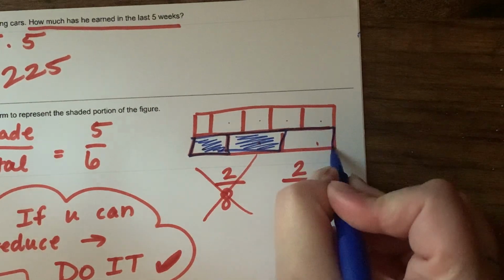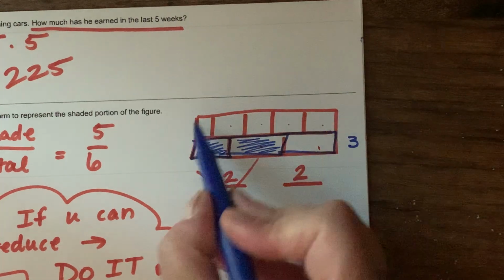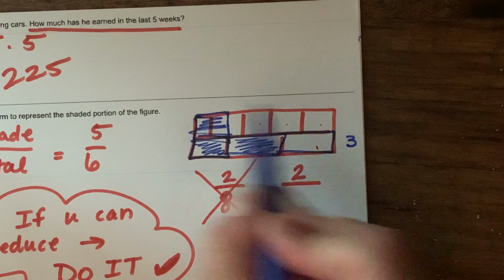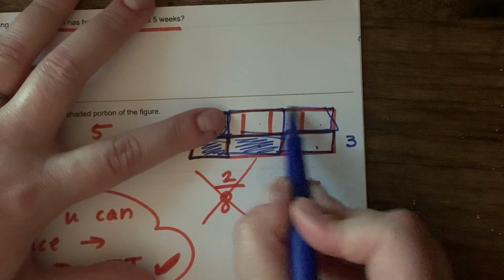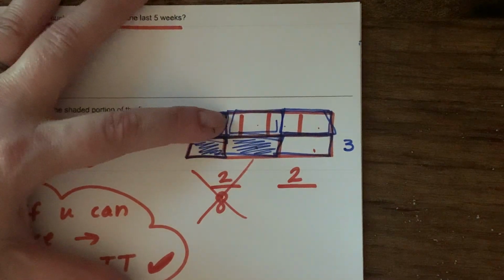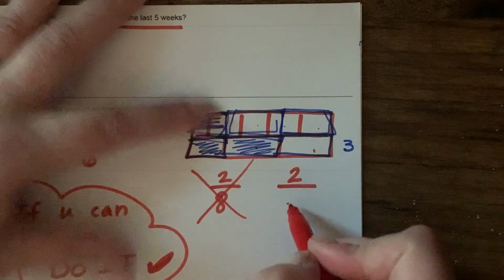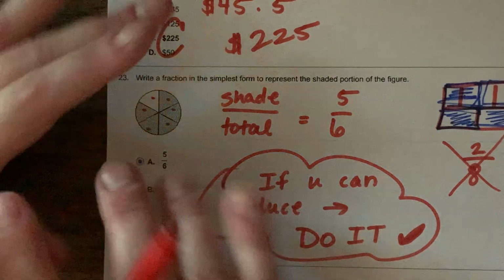So we did shade 2, but you have to think to yourself, how many of these size rectangles are there? Well, there's definitely 3 on this second row. But if I were to chop up this first row according to the rectangles, I would just have 3 more rectangles. I don't know why I shaded that one in. I shouldn't have. So anyway, the bottom number for total isn't the total amount of pieces.